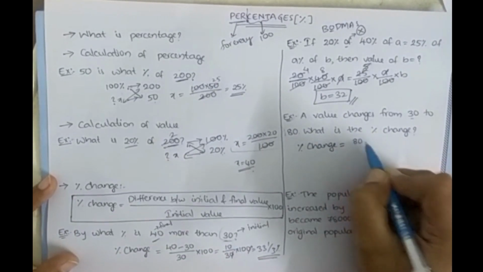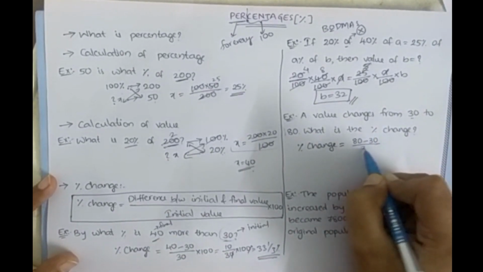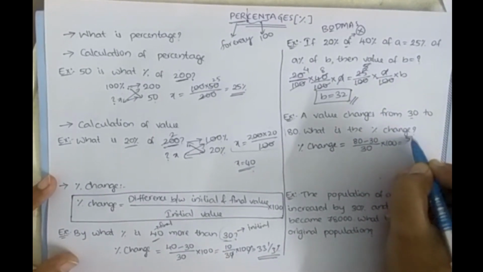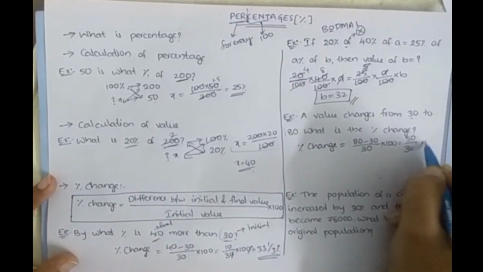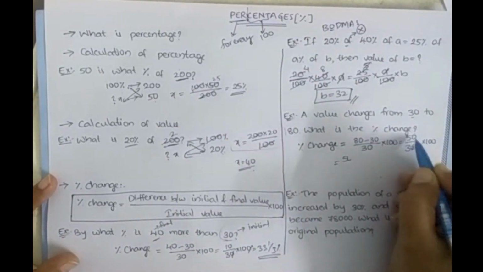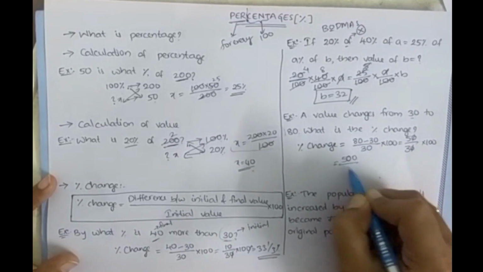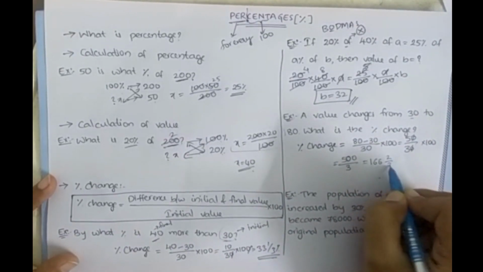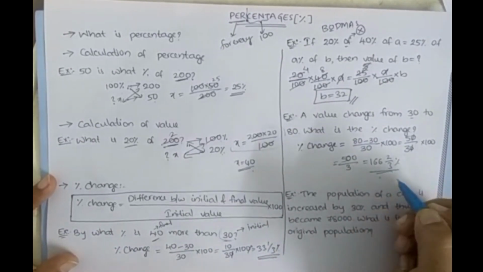That means the difference 80 minus 30, by initial value 30, into 100, gives you 50 by 30 into 100, which is 500 by 3, that is 166 2 by 3 percentage.